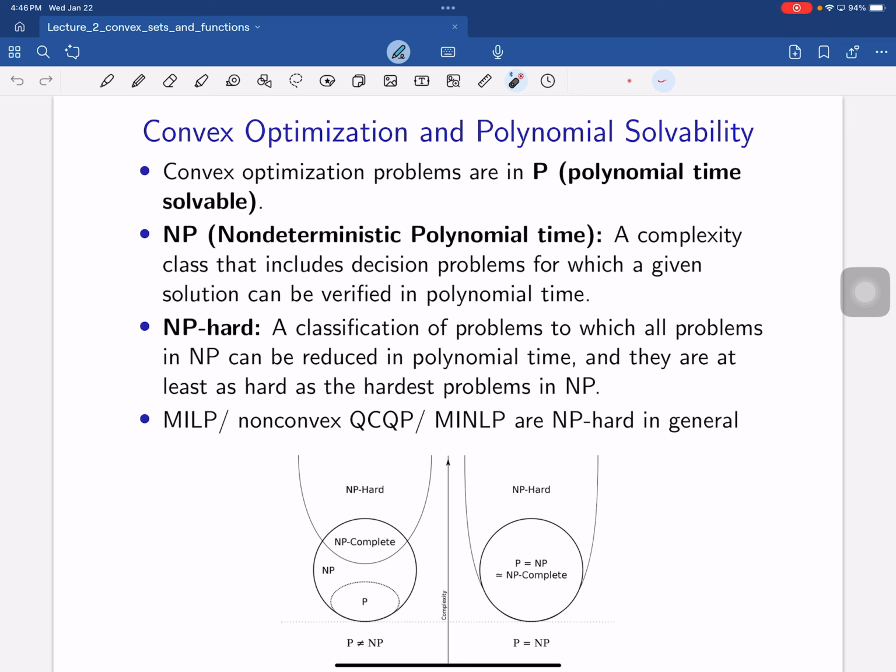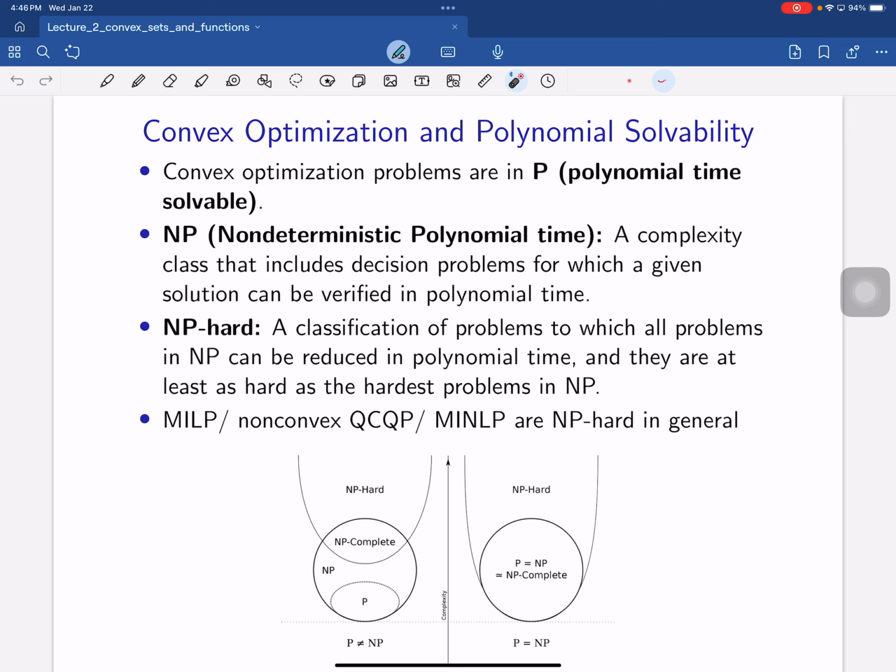In reality, when you have a particular problem, it doesn't mean an NP-hard problem is always computationally harder than a polynomial problem, because the constant and the polynomial order do matter for a finite problem. It's only asymptotically, as problem size goes to infinity, that exponential is always worse than polynomial.